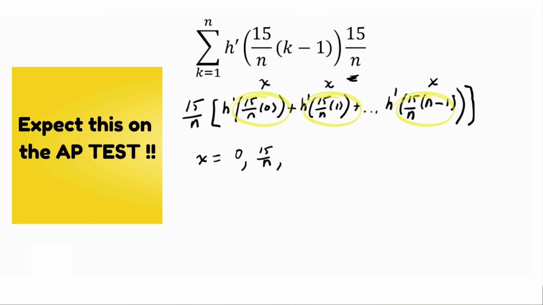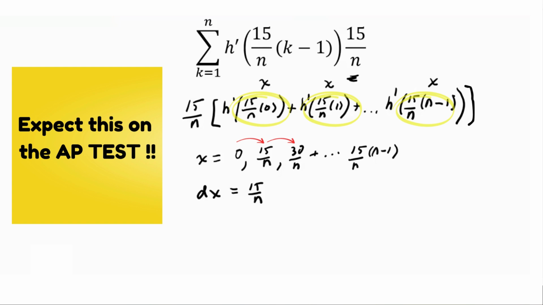And then the term after that would be 30 over n, all the way to 15 over n times n minus 1. Okay? Well, so what is the change? What is the dx? Well, we can see that we're going up by 15 over n each time. So that's my dx.